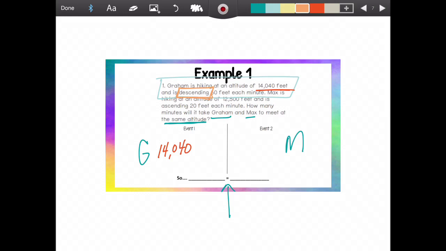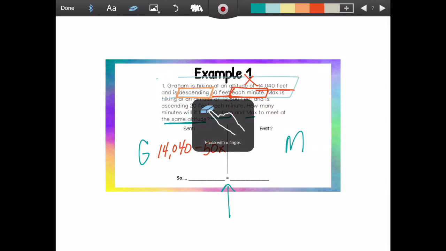So descending sounds like decreasing. We're going down. We're getting smaller. So descending is subtraction. And we are subtracting by how much? It says 50 feet each minute. Okay, now we don't know how many minutes. We just know that he's descending 50 feet each minute. So minutes is our variable, 50 is our coefficient. So we have 50x for Graham.